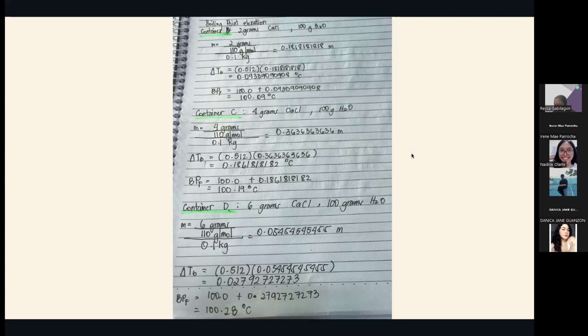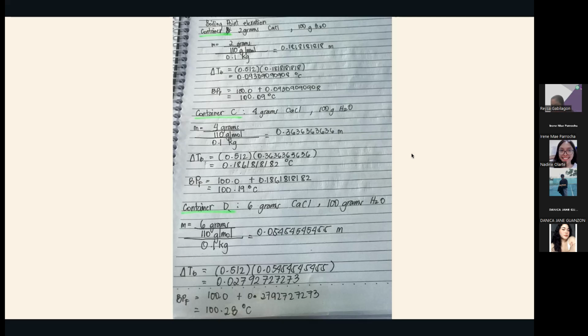First, we are going to compute its molality. 4 grams of calcium chloride over 110 grams molar mass over the kilograms of the solvent, which is 0.1 kilogram, which will give us the answer 0.36 molal.